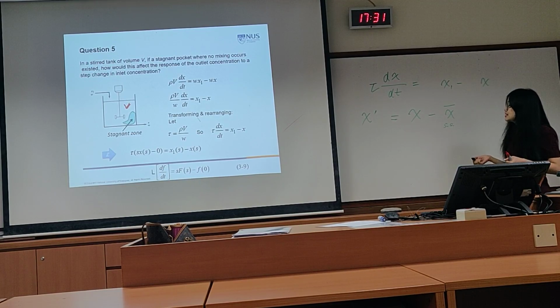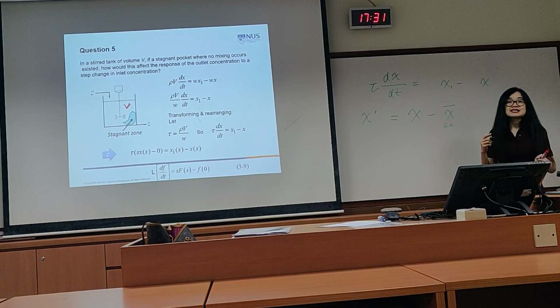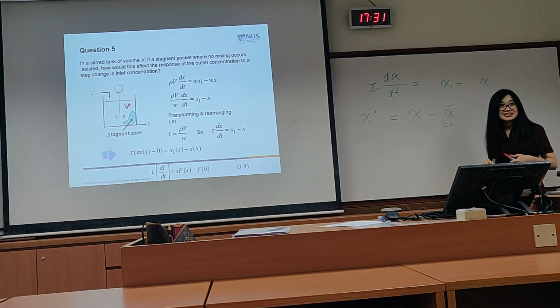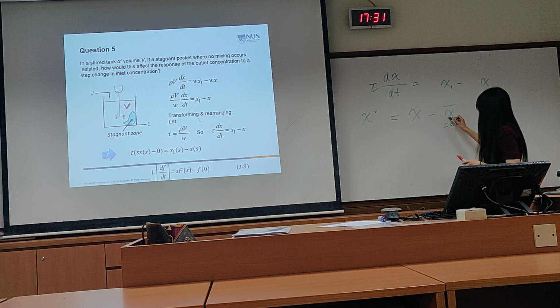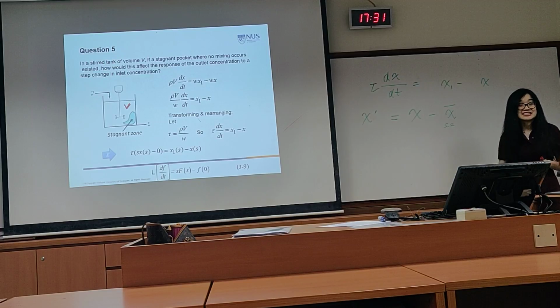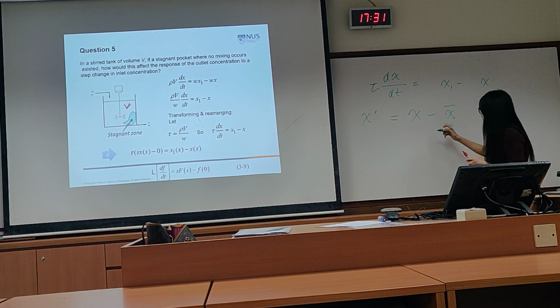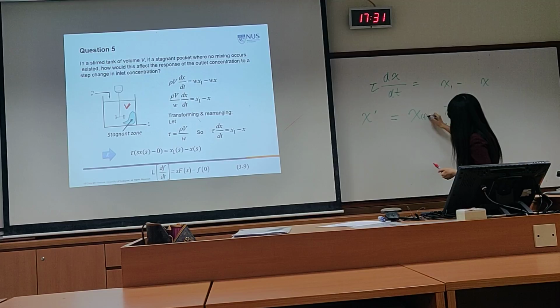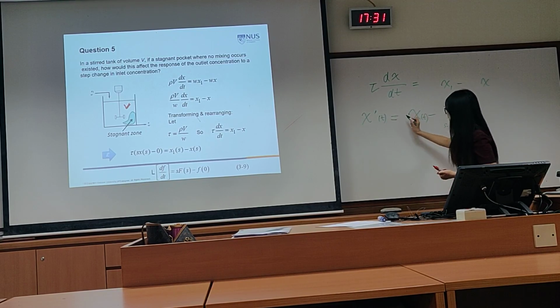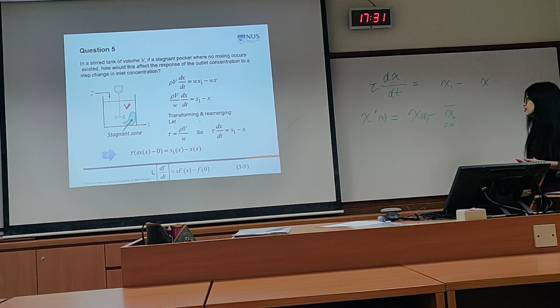We could assume the system at the initial state is at steady state. Therefore, we can define x bar to be a constant, the initial steady state value, or what we call the nominal steady state. Because x is a dynamic term related to time, x prime is also related to x(t) minus x bar.